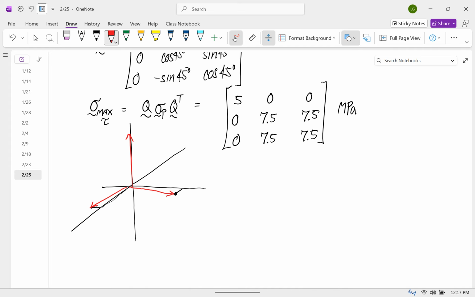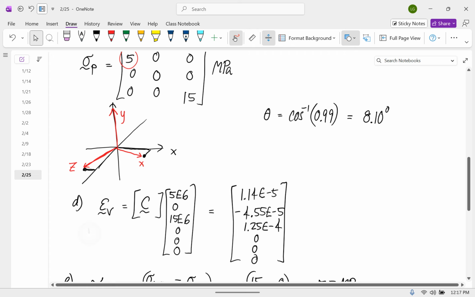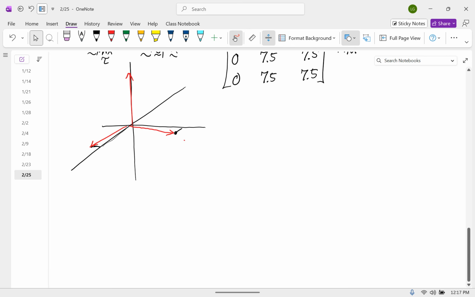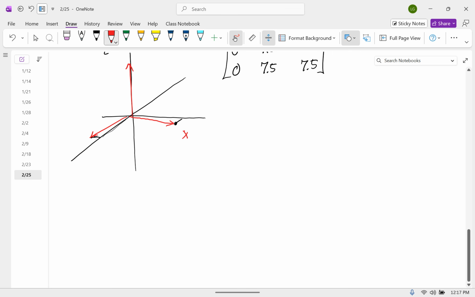And now we're going to do, and this was our X, Y, and Z. Okay, so this is our X, Y, and Z. And now we're going to do a 45-degree rotation about the x-axis. We did positive 45 degrees, so it's according to the right-hand rule.